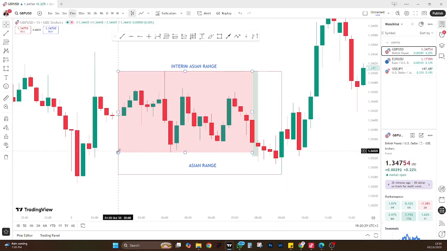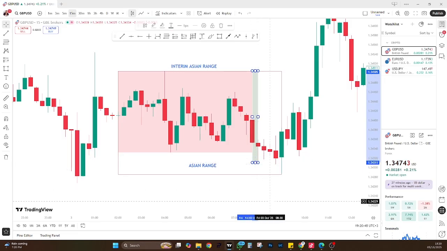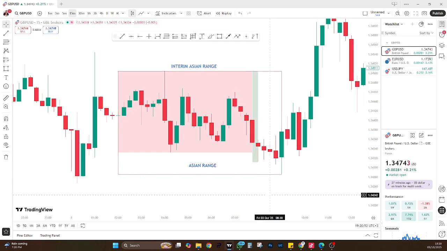So for us to know the bias of the day, we need to mark from 2 a.m. to 7:50 a.m. Then between 7:50 and 8 a.m., one side of the interim Asian ridge will be taken out.